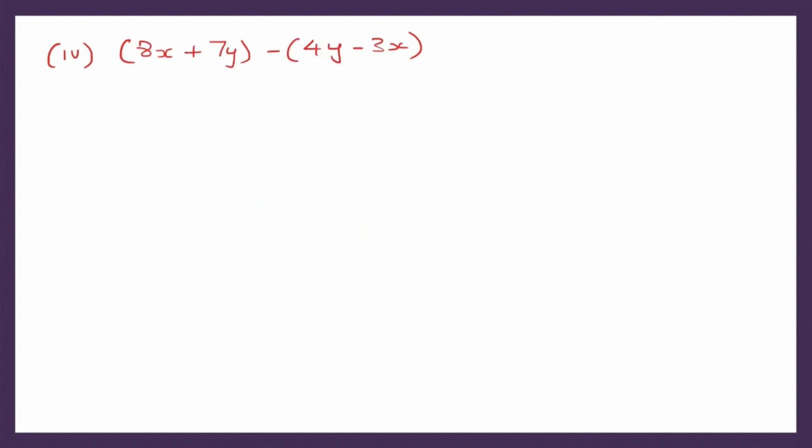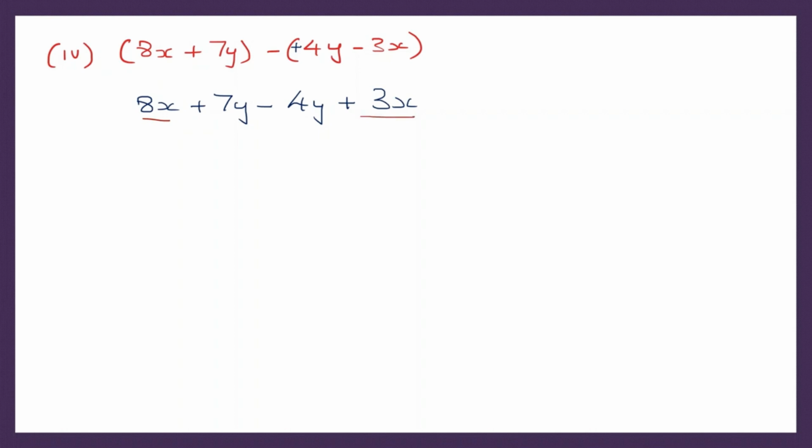Question 4. First set of brackets, we can open 8x plus 7y. Before we open the other bracket, let's see, we have a minus sign before the bracket. So the sign of all the terms inside the bracket will change. So that becomes minus 4y plus 3x. Now let's group the like terms, 8x and plus 3x together.